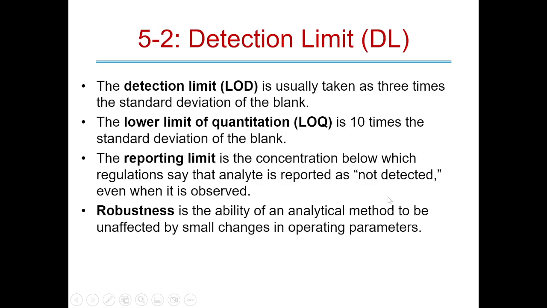Okay, the reporting limit is the concentration below which regulations will say that the analyte is reported as not detected, even when it is observed. So even though you think you've observed it, this reporting limit would be legally what has been shown to give good results on the sort of numbers that you talk about when you're talking about population, okay?